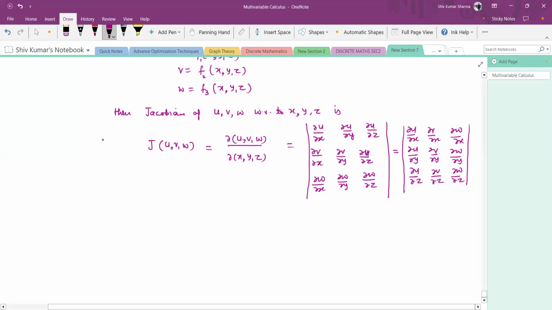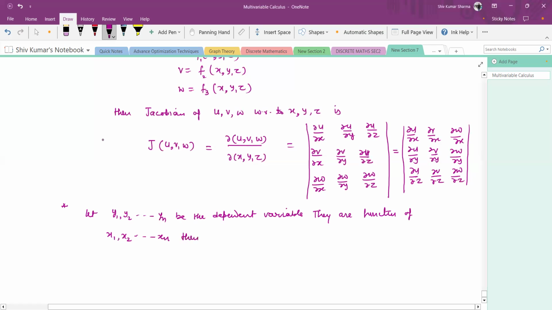Now we move to the general case, that means n independent variables. Let y1, y2, ..., yn be the dependent variables. They are functions of x1, x2, ..., xn.